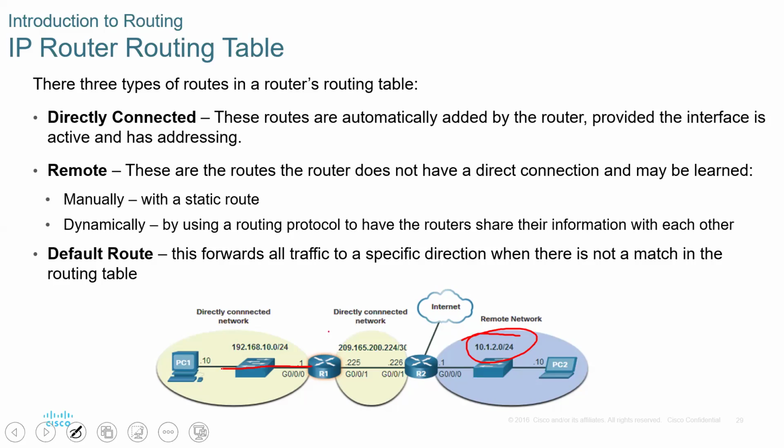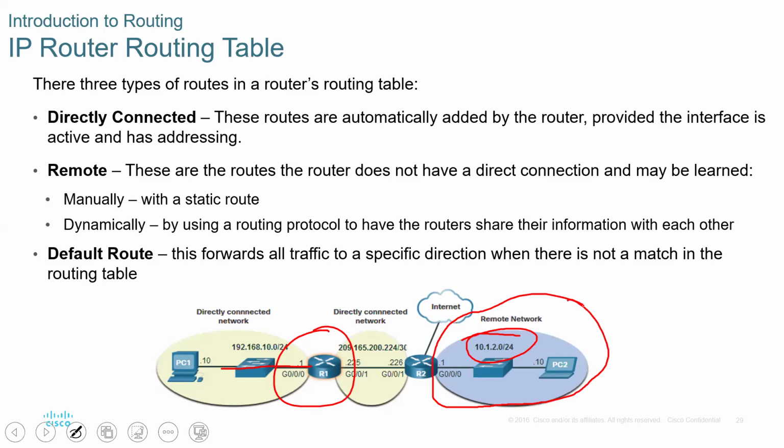For instance, you see this is router 1 here, and then router 2 is connected to router 1. But observe, this remote network here has nothing to do with router 1. So it is remote to router 1.